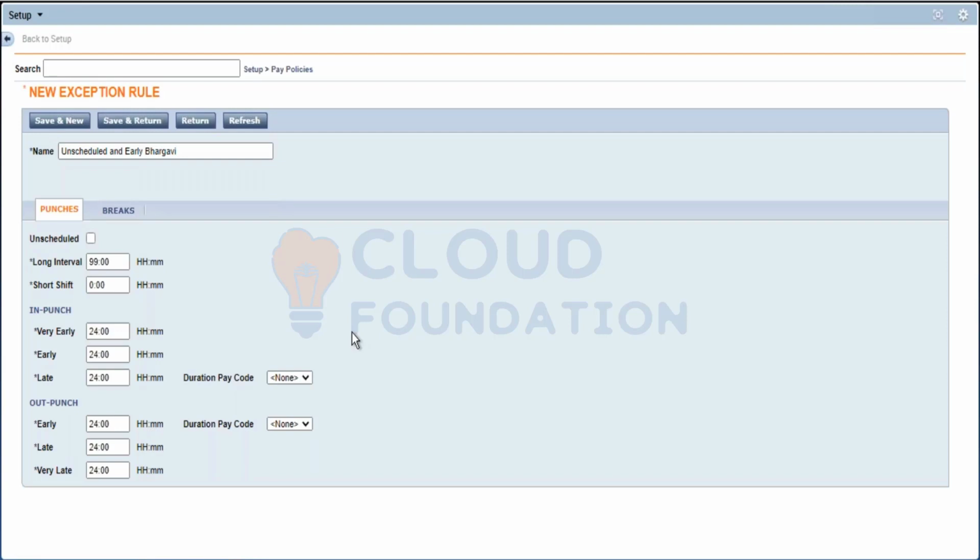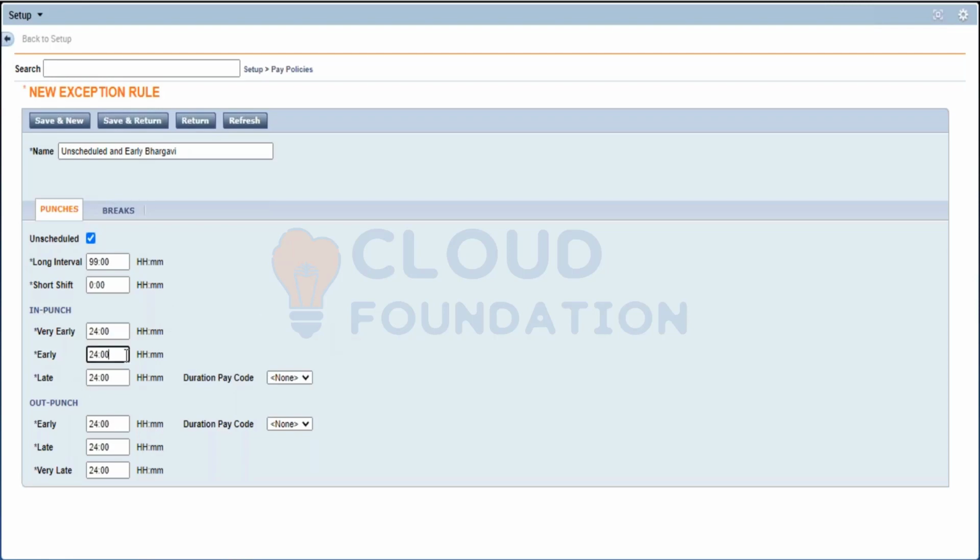What I'll basically be doing is flagging the system when somebody is working an unscheduled shift. I don't want that person to continue working even though he doesn't have a shift. So I'll select unscheduled, and let's say I'm going to flag the employees when they come in 30 minutes or more before their scheduled start.